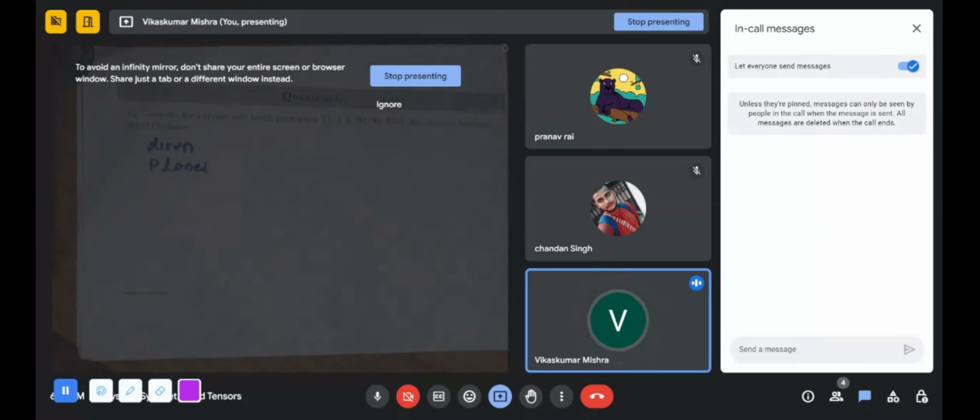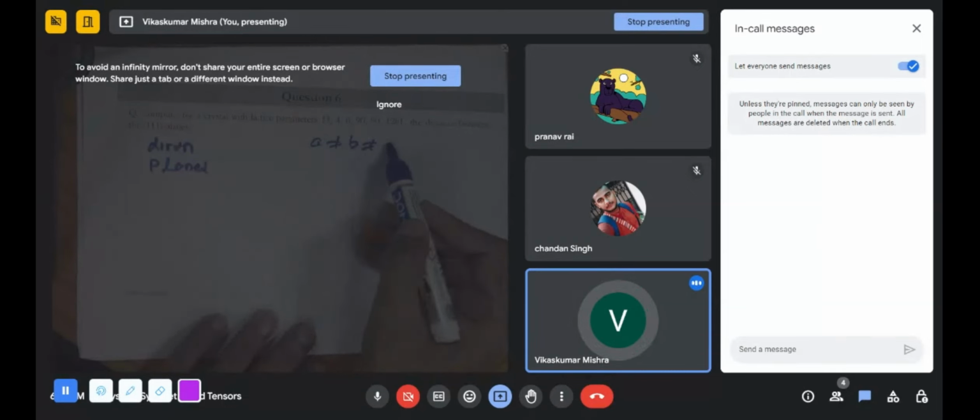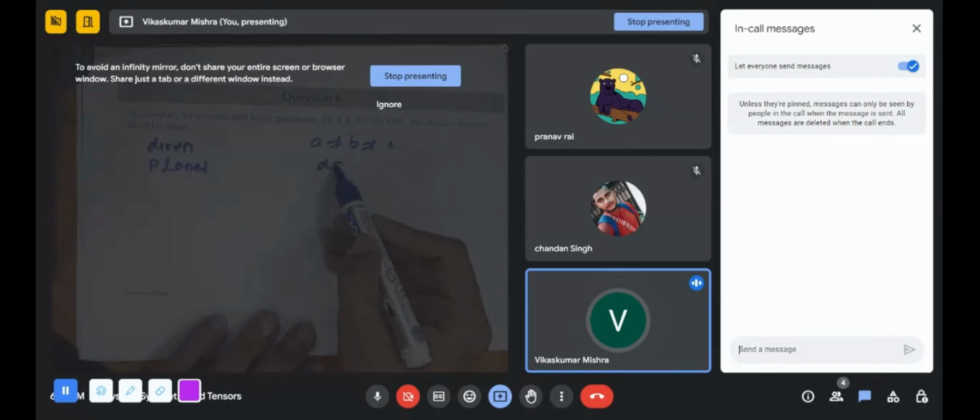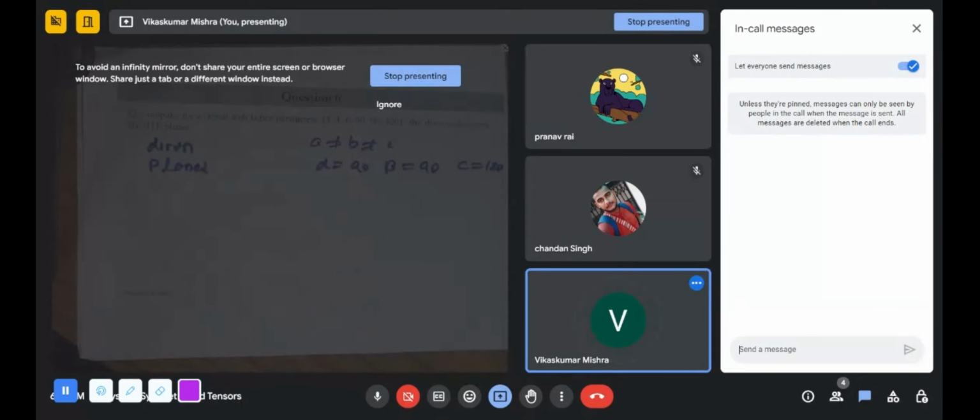Yeah, the given system is a not equal to b not equal to c, that is 3, 4, and 6. Alpha they are telling is 90 degrees, and beta is also 90 degrees, they are equal with each other, and gamma is 120.